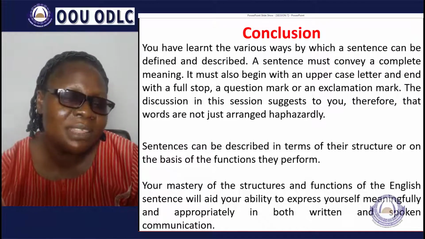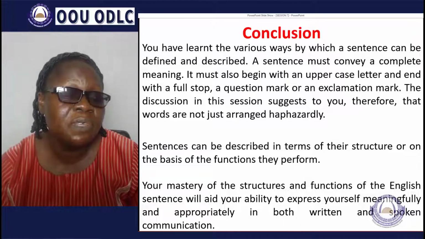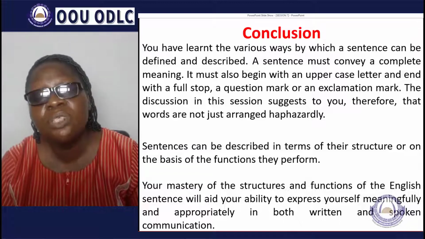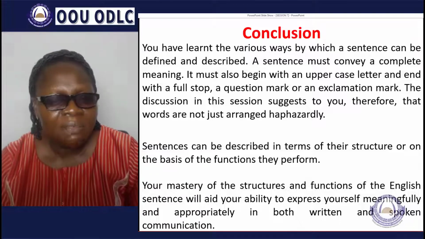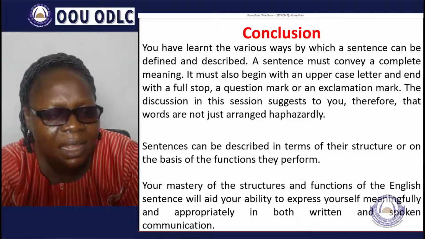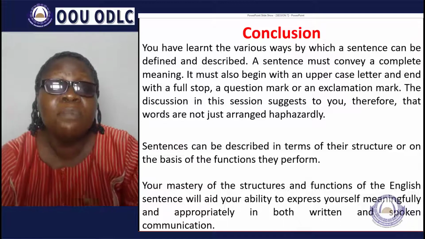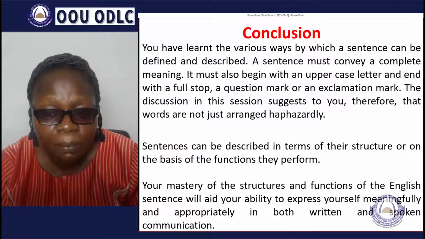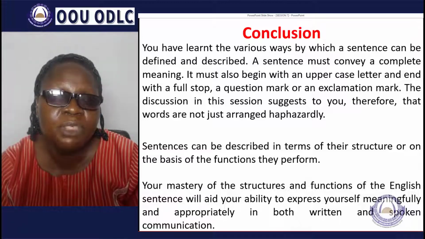There are so many examples there of different expressions of exclamation that you can adopt in your day-to-day discussions or communication. You have learned the various ways by which a sentence can be defined and described. A sentence must convey a complete meaning. It must also begin with an uppercase letter and end with a full stop, a question mark, or an exclamation mark.